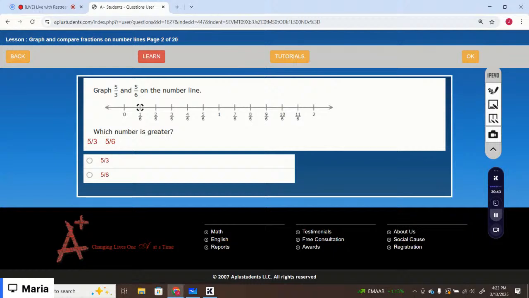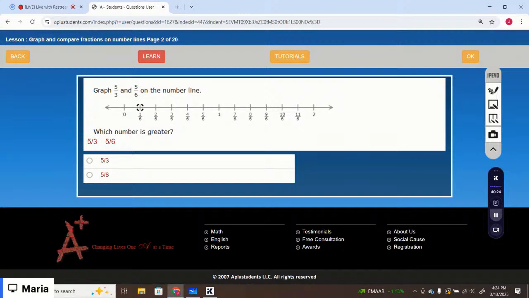5/3 and 5/6. So look at the 5/3. The numerator is greater than the denominator. 5/3 is greater, right?